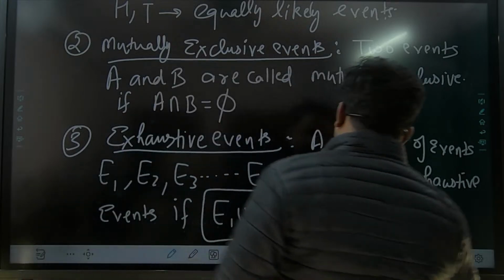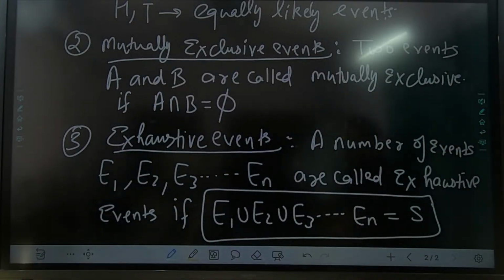This is important. It means if you take a union of all the events, you will get the complete sample space from where all these events have been created.